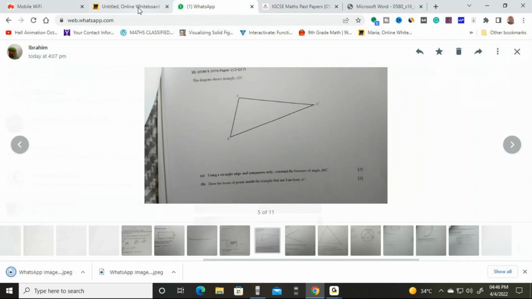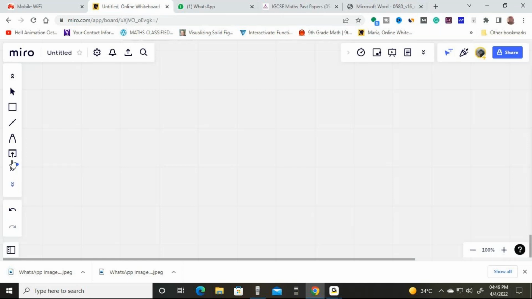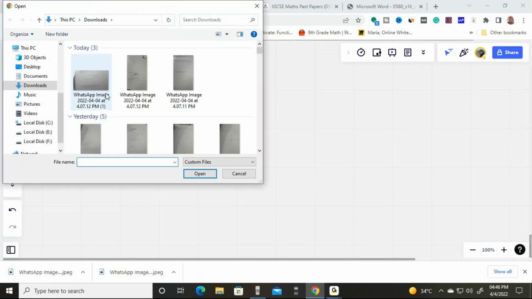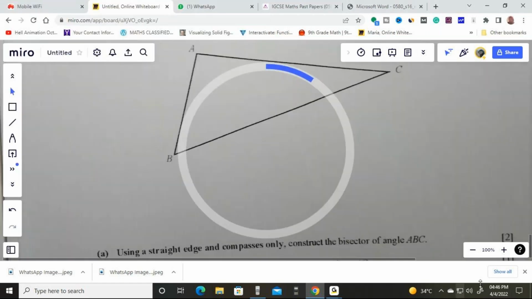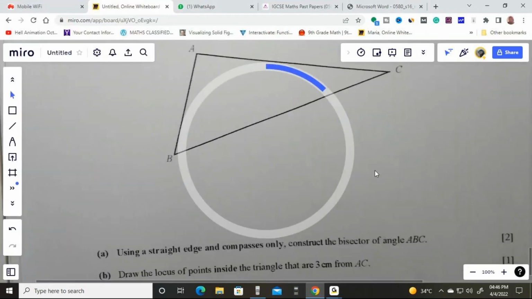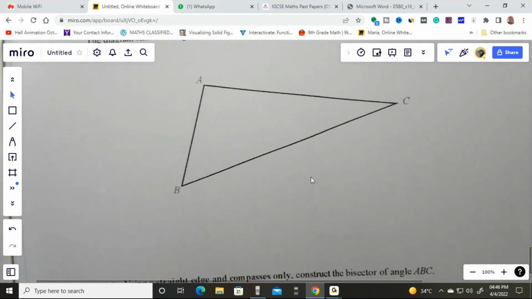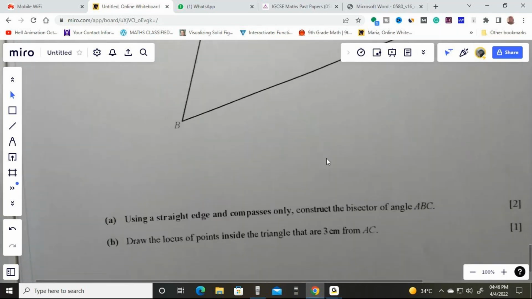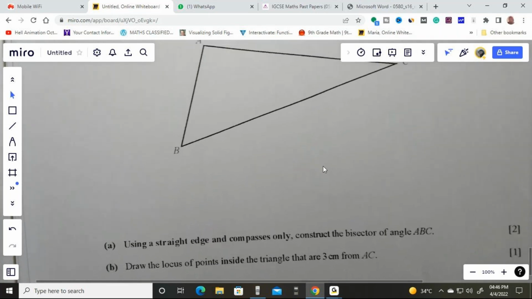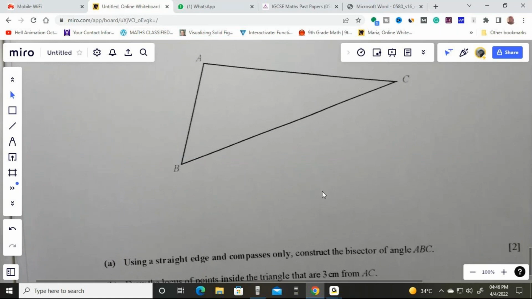I need this triangle on the board. Locus of points inside the triangle that are 3 centimeter away from AC.